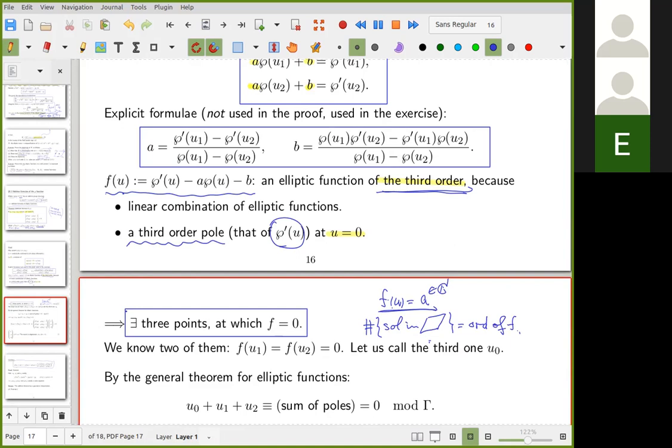And the number of solutions is the order of that elliptic function. And in this case, we have 3 solutions.